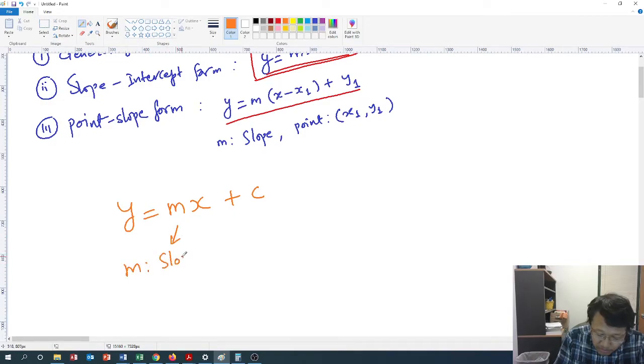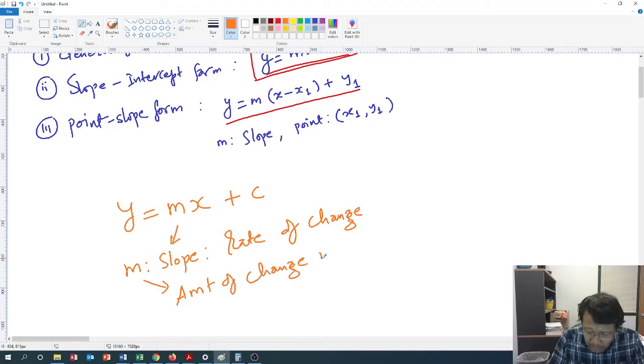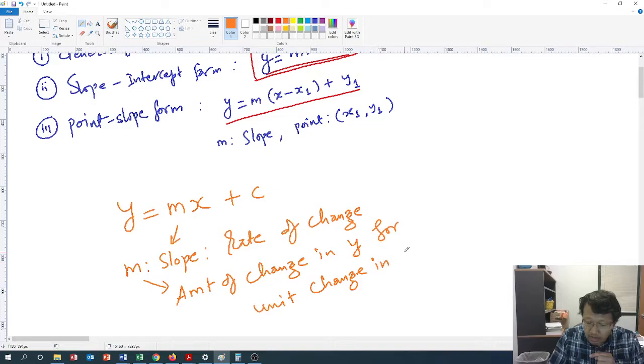What does that slope mean? It's also known as rate of change, just like 20 miles per hour. That's the speed of your car on such and such a route. Rate of change, right? And now here you need to realize the amount of change. This m is the amount of change in y, in this variable y, for unit change, meaning 1 unit change in x, okay?